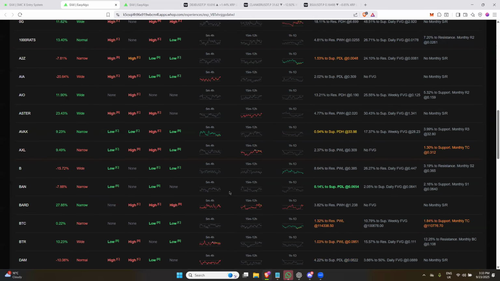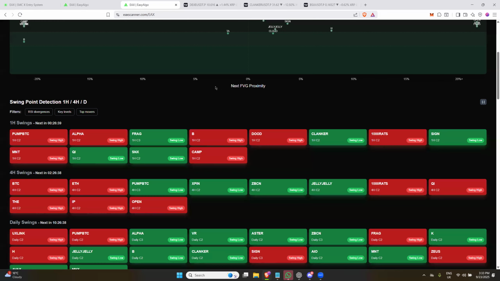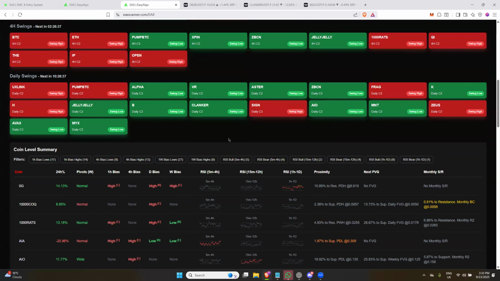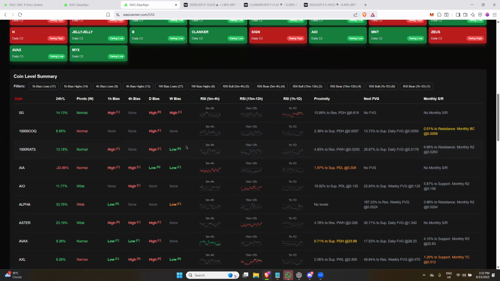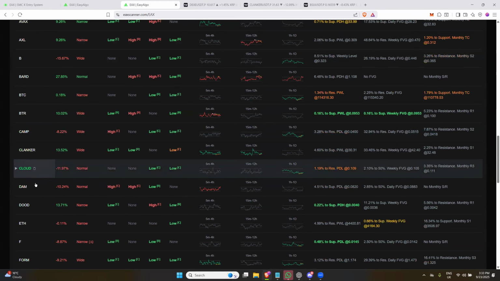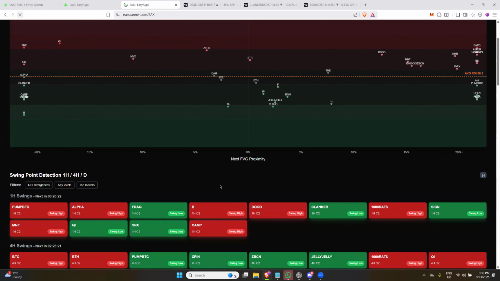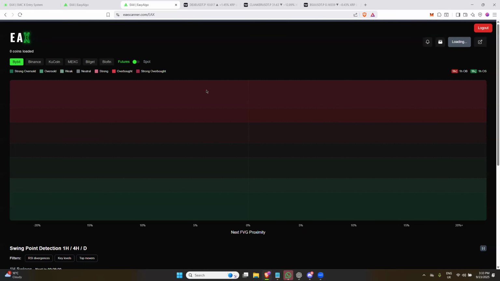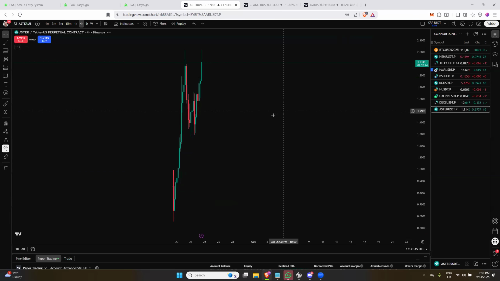It's good to just get the gist of what's happening. Let me see if I got it here. There's a lot more showing on Binance, to be honest. No, so it seems like it's made a move already. Can't find it in here. I'll let it load. Let's just move to the last one there quickly.